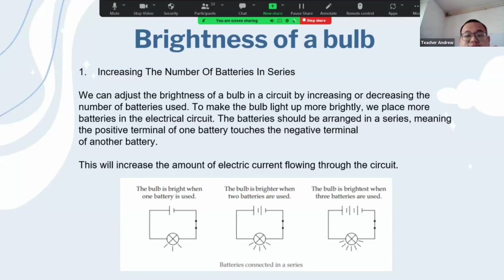However, there's one problem here. When you increase the number of batteries, you increase the chances of the light bulb being blown or spoiled, because there's too much current the light bulb cannot handle. So the most typical number of batteries for a circuit is either 3 or 4, depending on the light bulb.